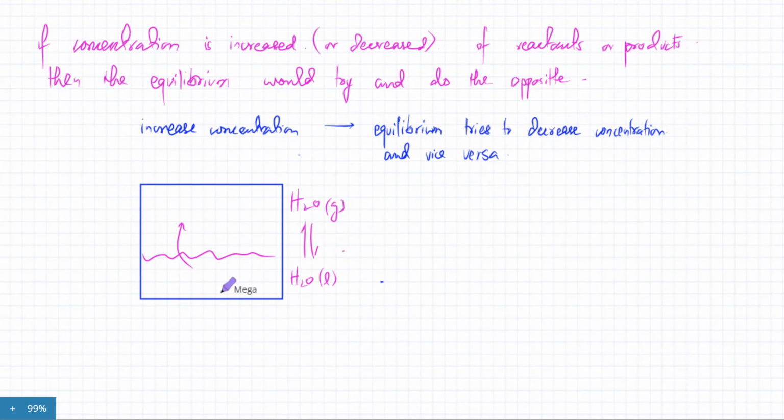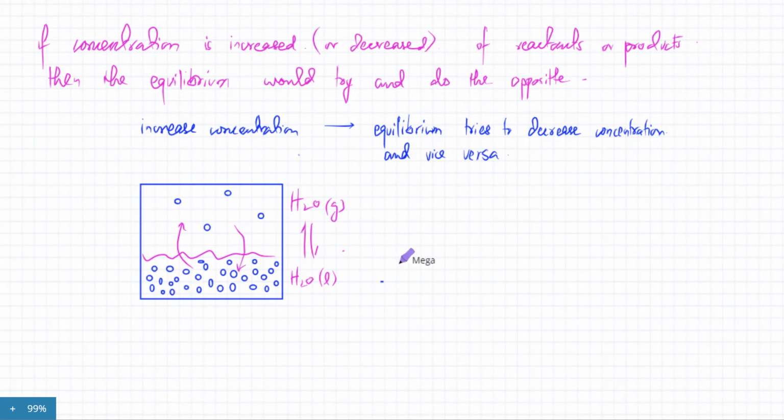Both things are getting formed. The rate of the forward reaction and the rate of the backward reaction are equal. So let's say there are lots and lots of liquid water molecules floating around.